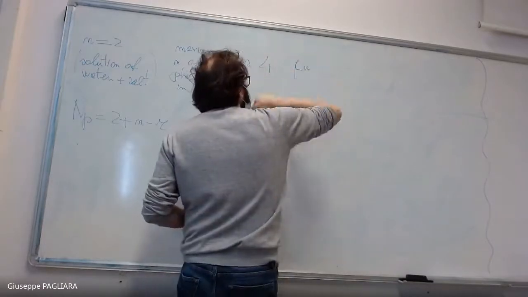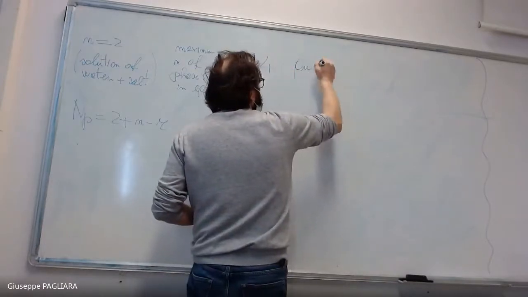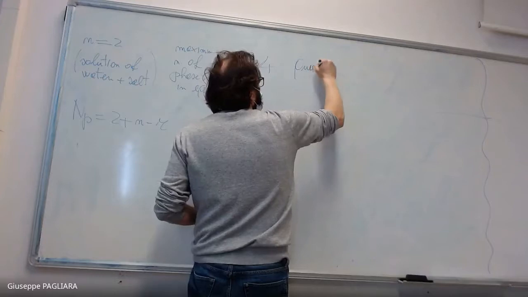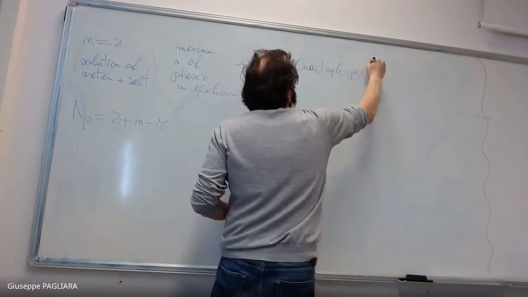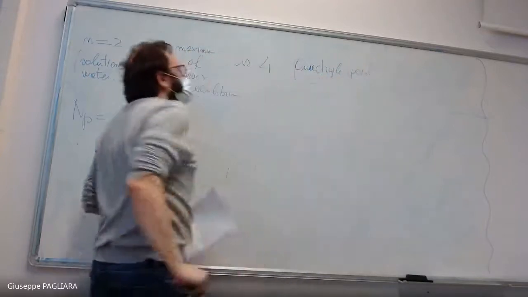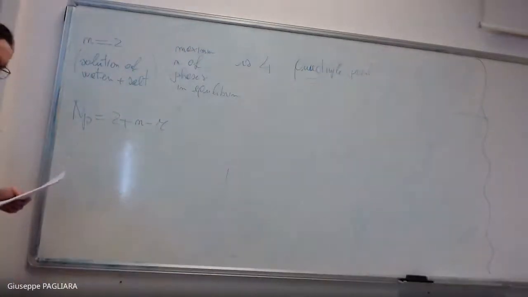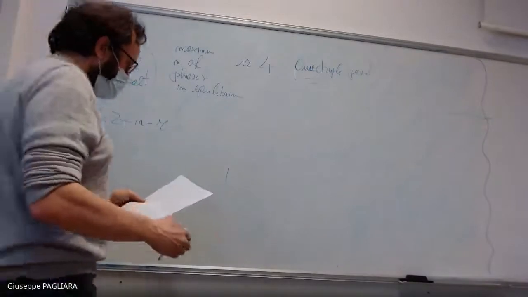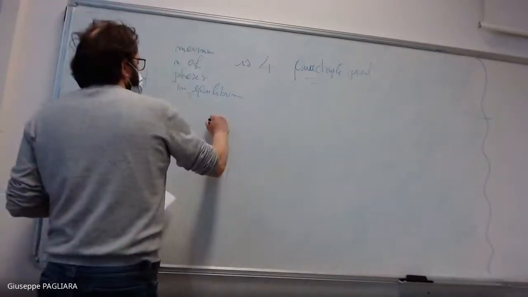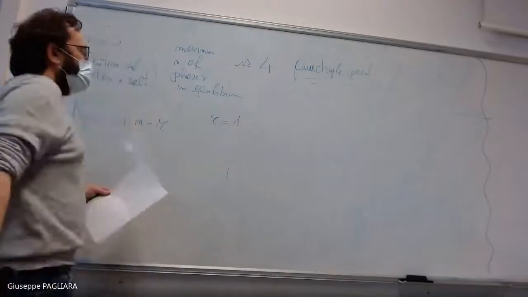Quadruple, I'm not really sure it's quadruple. Okay, so I have one point in which 4 phases now coexist and not 3 as in the case of water. And we can, of course, move on and try to make the computation for other phases.